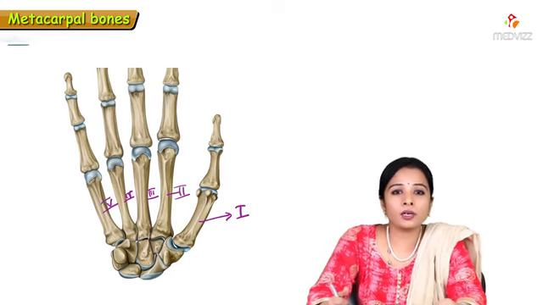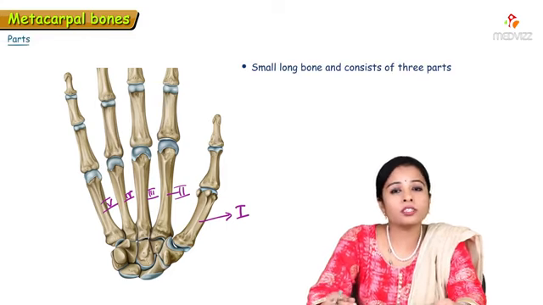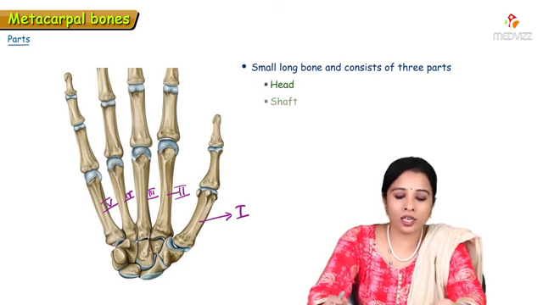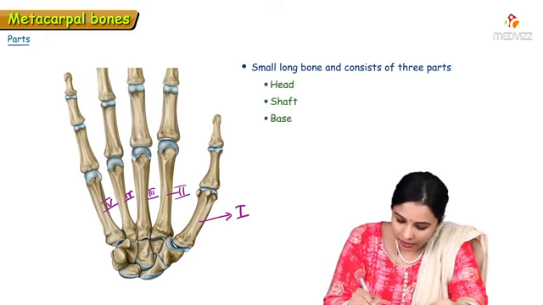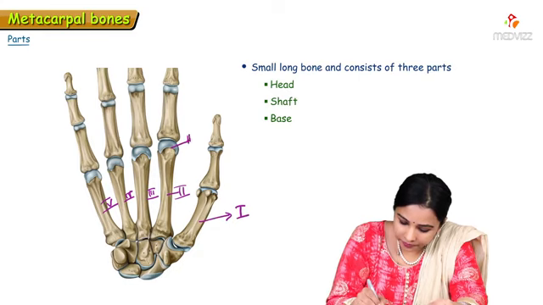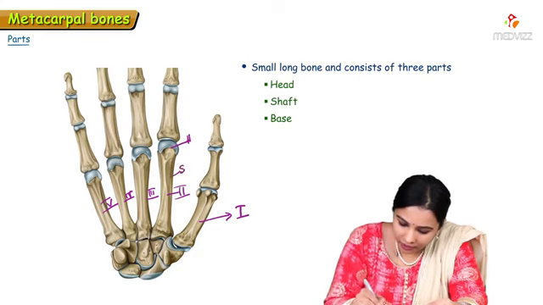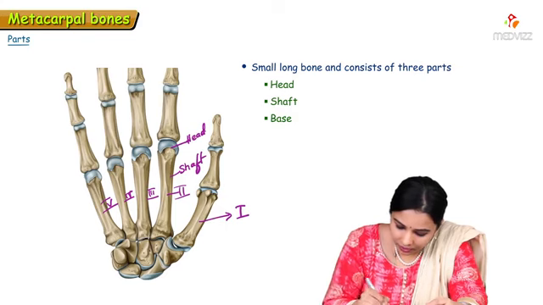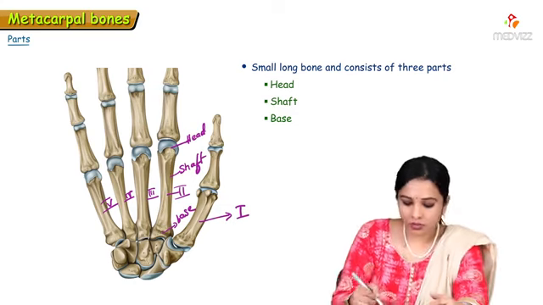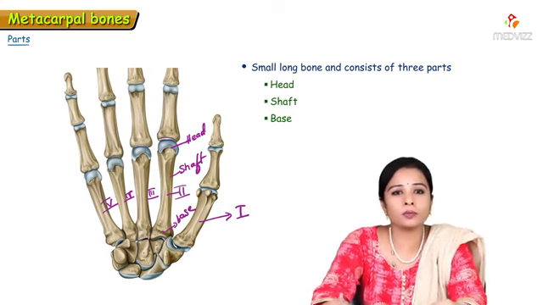Each metacarpal is a small long bone which consists of 3 parts: head, shaft and base. The upper end is the head, the middle is the shaft and the proximal part is the base. So these are the 3 parts of metacarpal bones.